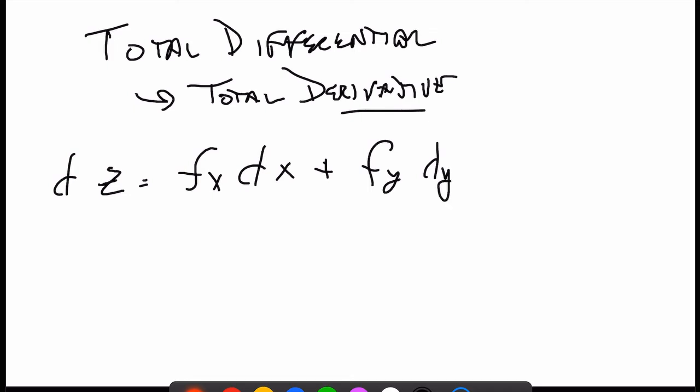But what I want to know is dz/dx. Because I now know these things are really separate and I can do math operations on them, I can divide the equation through by dx. Is that exciting? Yes, it is.